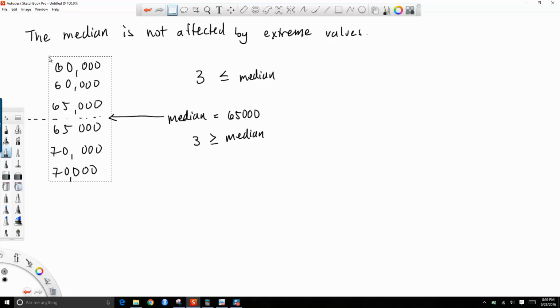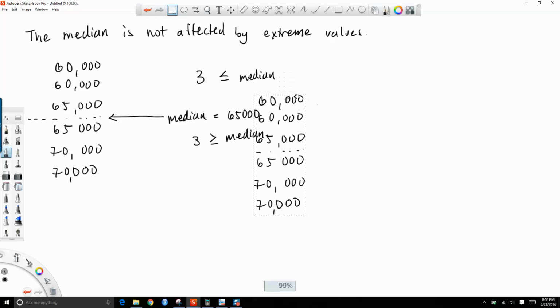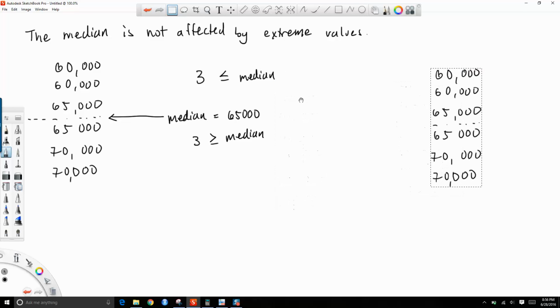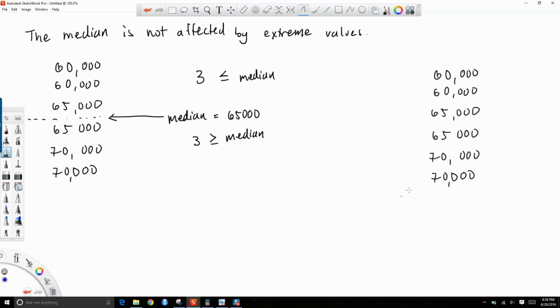Now I'm going to copy this, and let's say again some rich person walks in making 10 million a year. We would have to draw the median so that our median here is still 65,000.